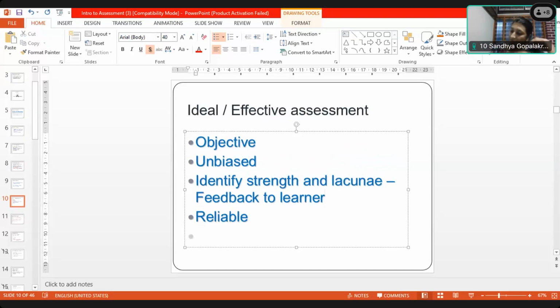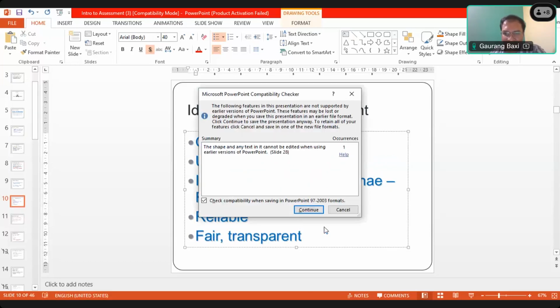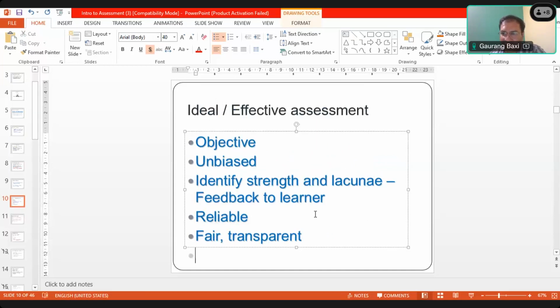Sir, the assessment. Arun sir, you can continue. Sir, it should be fair and transparent. How do we ensure this fairness and transparency? Yes, it should be fair and transparent, but what does this actually translate to in real practice?